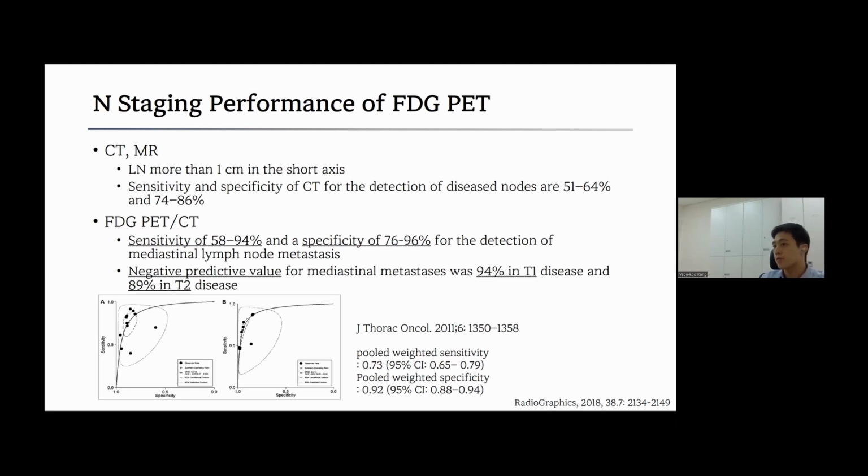Sensitivity varies from 58% to 94%, and specificity from 76% to 96% for the detection of mediastinal lymph node metastasis. Negative predictive value is so high, 94% in T1 disease and 89% in T2 disease.